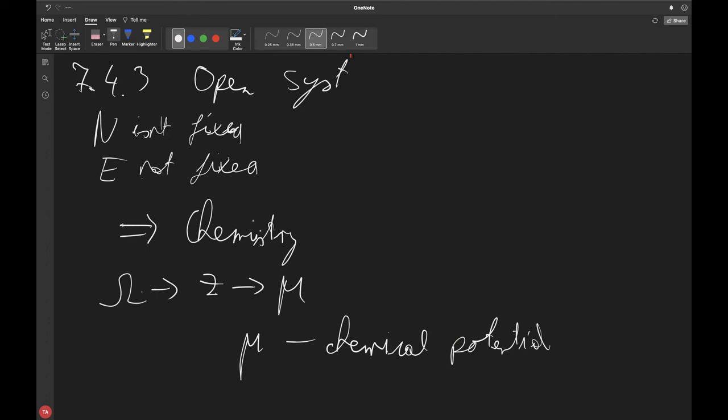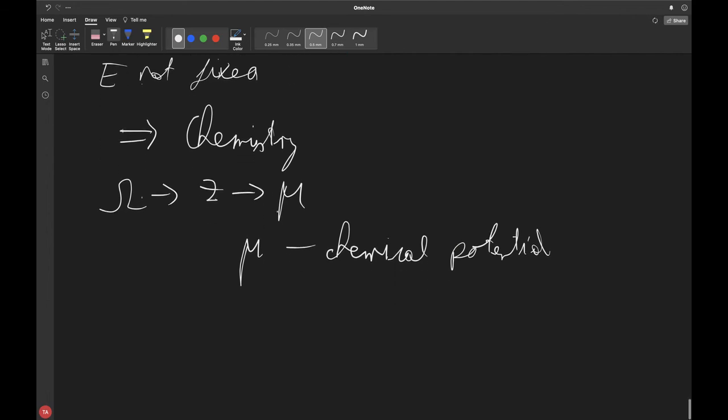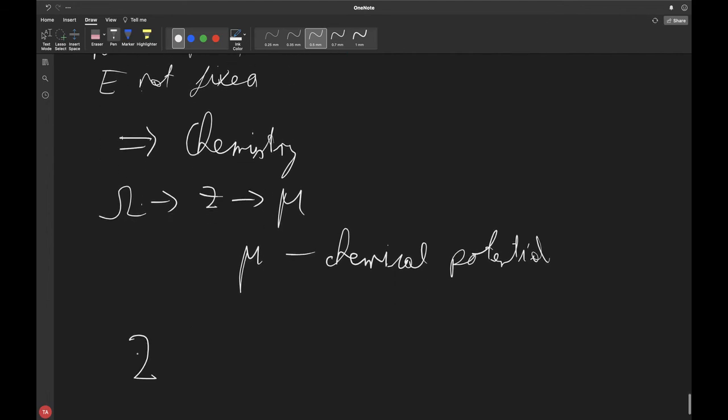And so that's why I said that it essentially leads to chemistry. So then the Z will be the partition function, which is now actually called the grand canonical partition function.